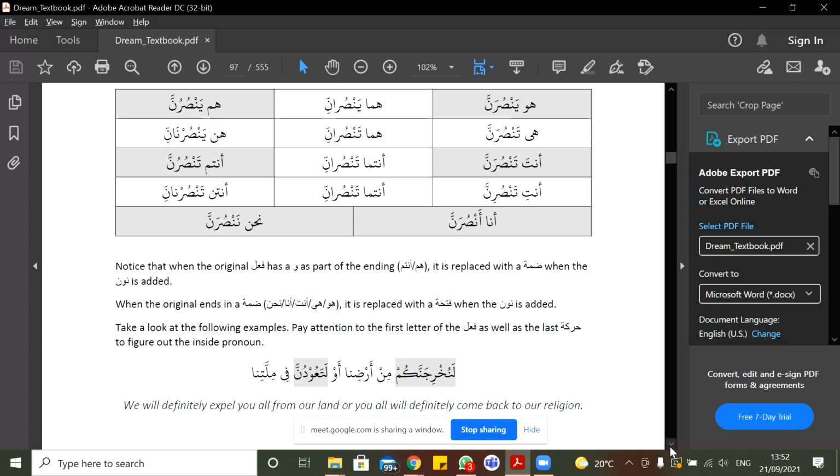Fi millatina. In millat. Millat means nation. Here it is translated as religion. So sometimes the nation and religion are the same thing. Like India was considered Hindustan previously because it was the land of Hindus, right?